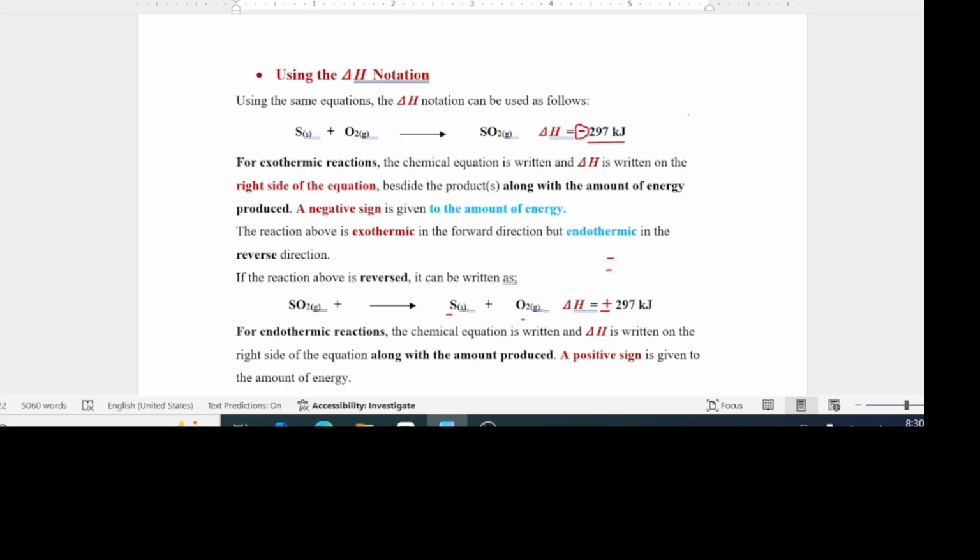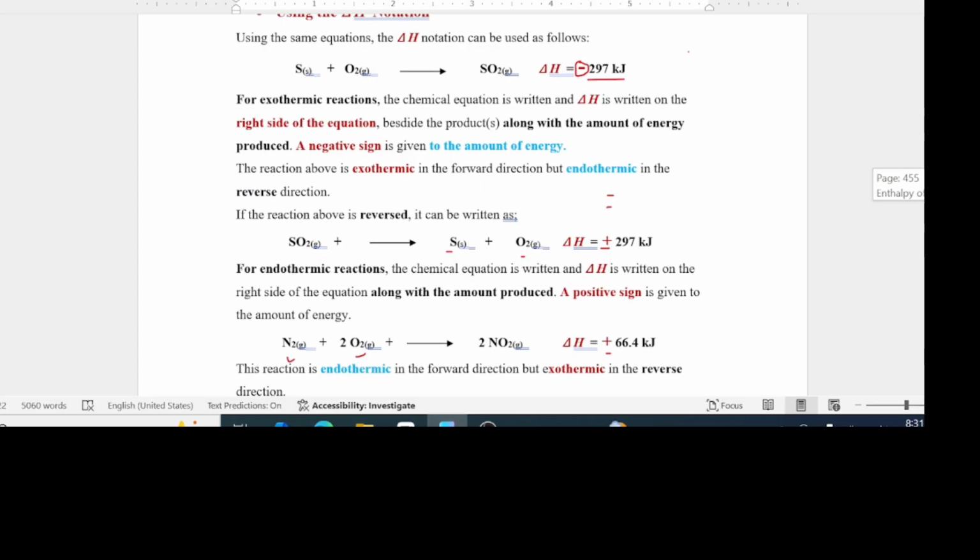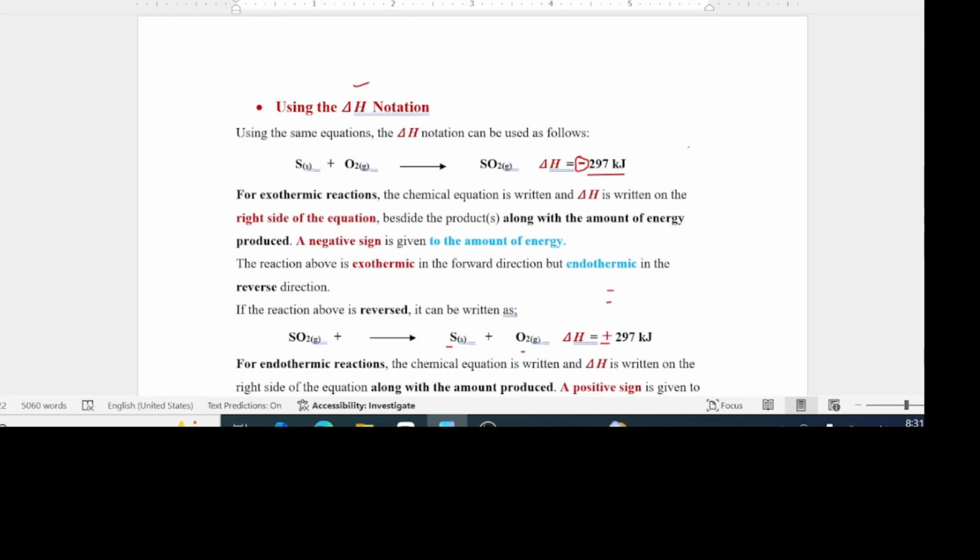Another way of representing enthalpy changes is by the use of the delta H notation. The example that we're using here is that of sulfur reacting with oxygen to give you sulfur dioxide. If you go back to that reaction now, we can see that it was an exothermic change. Here you see that we are putting this as a product. When you use the delta H notation, there is no plus sign here.